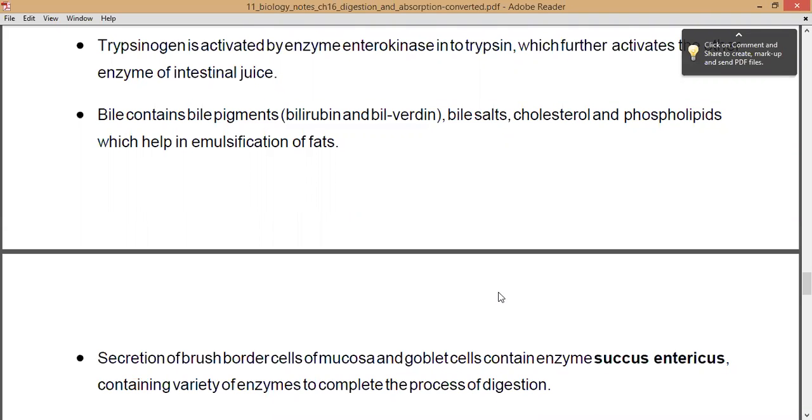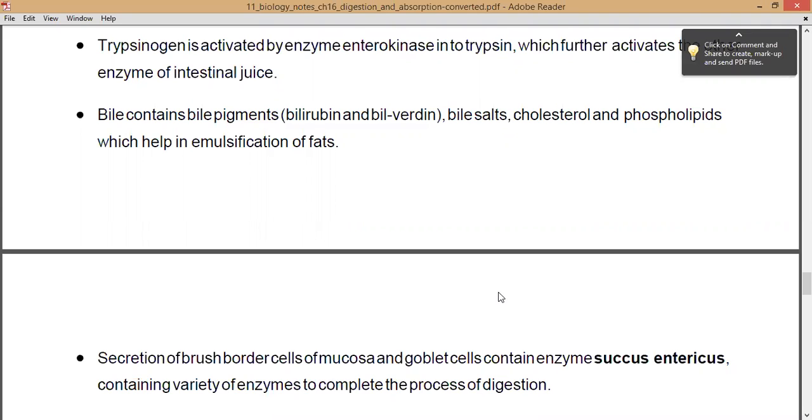So after the completion of the digestion, the absorption of the digested food starts, right? And there are villi and microvilli in your small intestine, that is in the jejunum as well as the ileum.